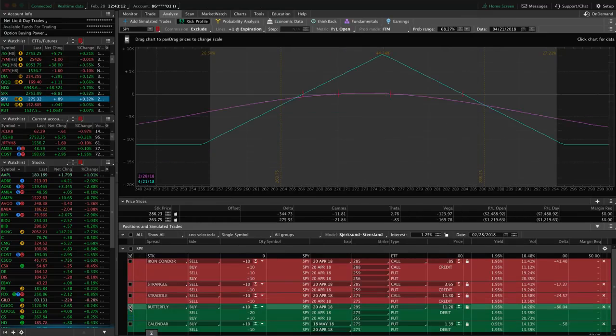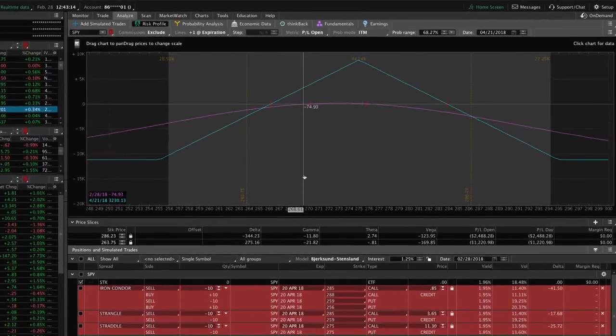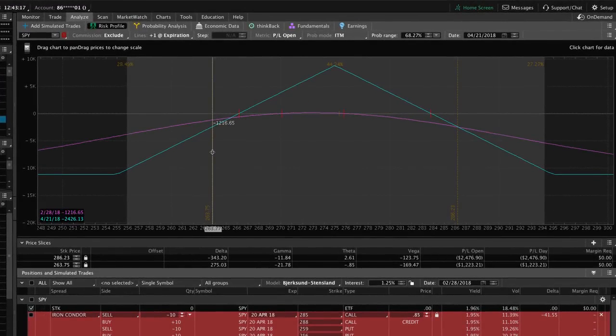So if we click on our butterfly strategy, what you'll see here is that our probability of profit gets in even a little bit tighter. So we are narrowing our range. So our probability of profit between now and expiration is a little bit lower than a straddle. However, it's a very similar graph with the wings that we're buying defining our risk.